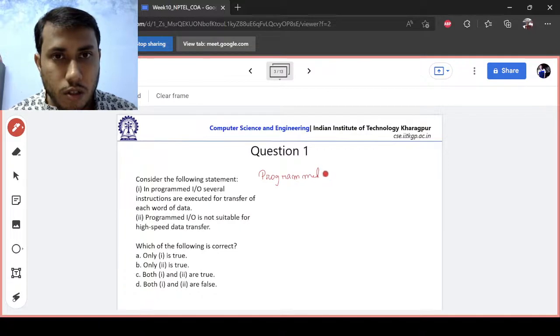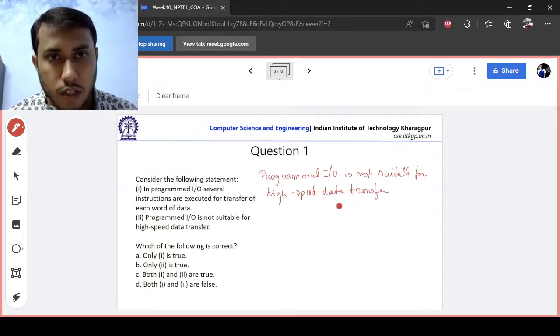Programmed I/O is not suitable for high speed data transfer.